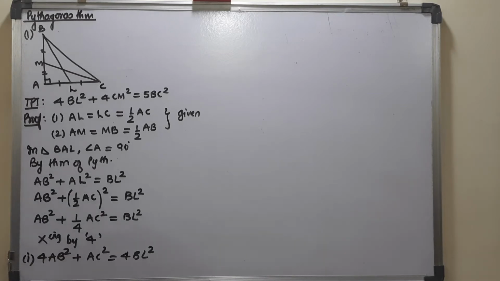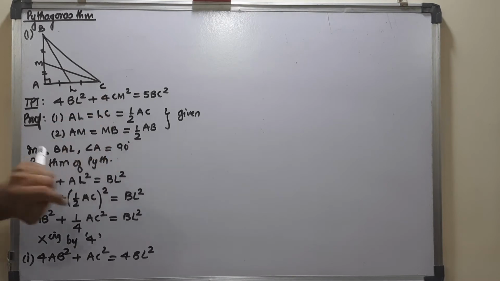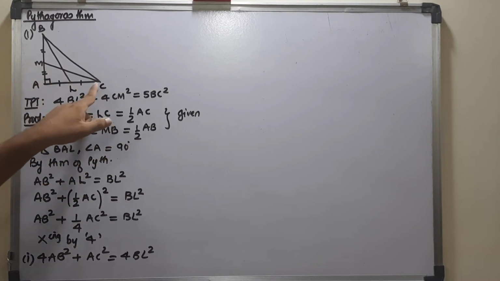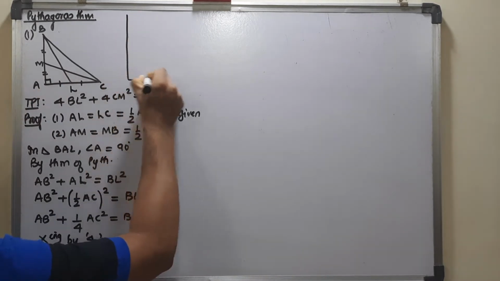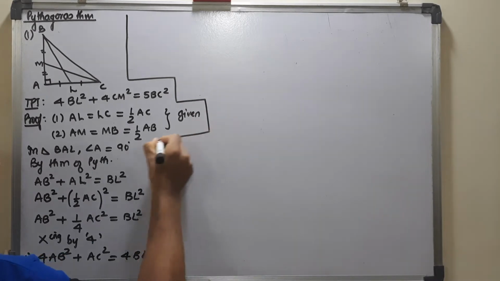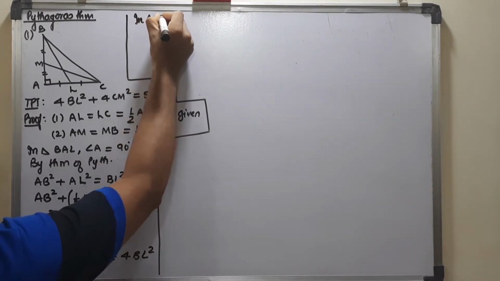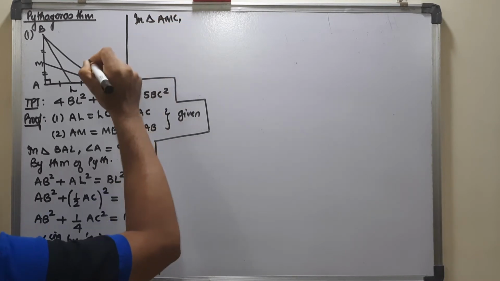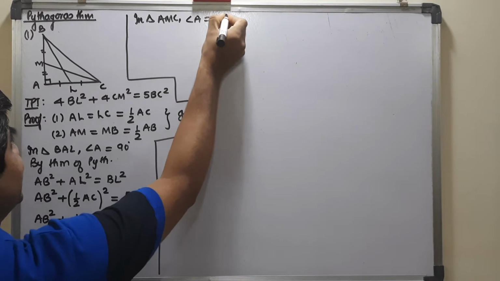Now I will go to the second part, that is 4. I told you, drop the numbers, CM square. So CM is the hypotenuse of triangle AMC. Agreed? In triangle AMC, angle A again here is 90 degree.